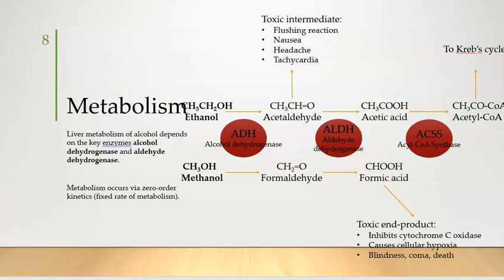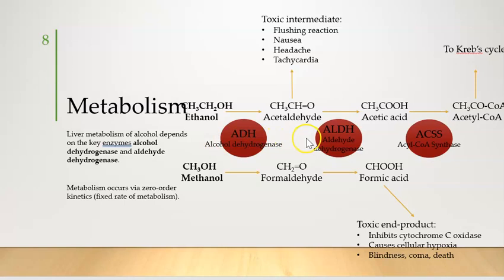So we talked about the metabolism a little bit, talking about that alcohol dehydrogenase, which is in the liver to help break down alcohol. But there is a second enzyme as well, aldehyde dehydrogenase, which also helps break things down. So if we look here, we've got our alcohols. Whether it's ethanol or methanol, it will get broken down by ADH first.